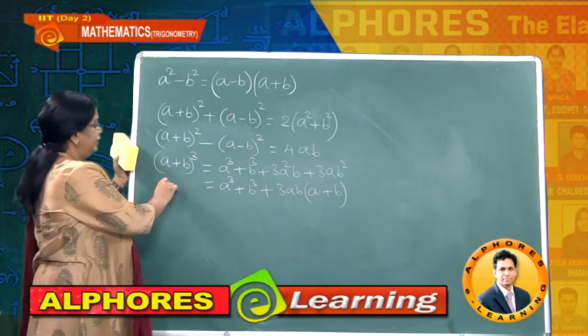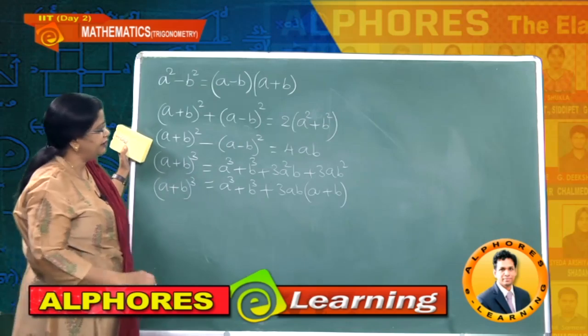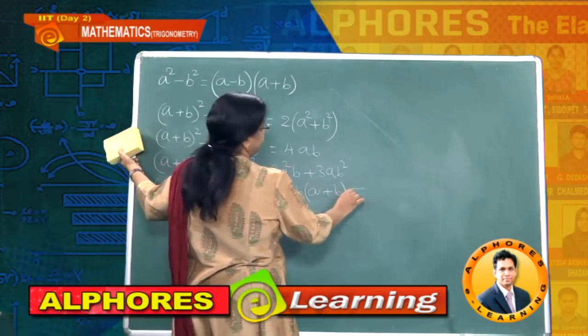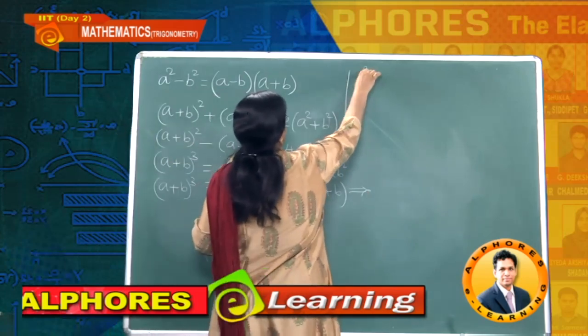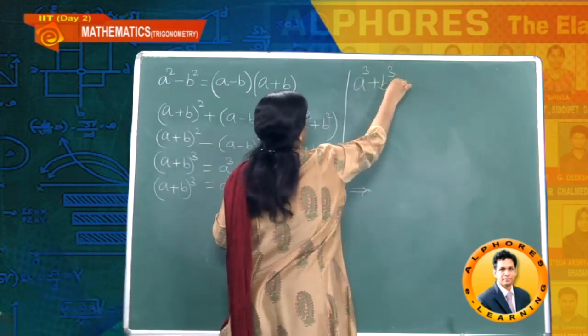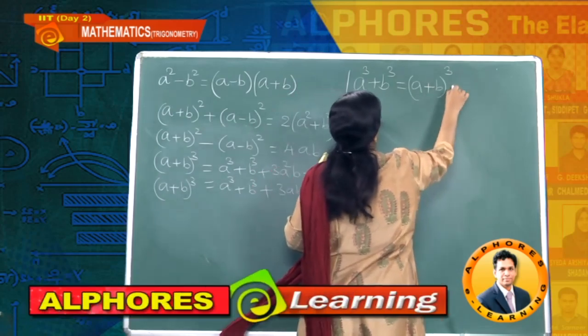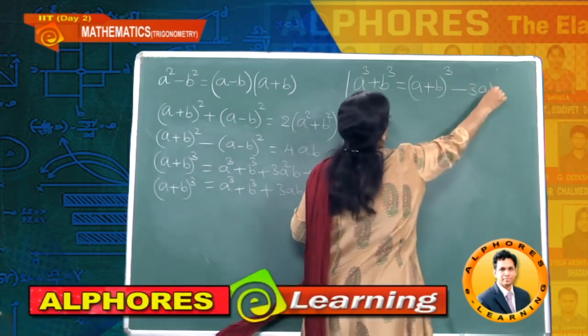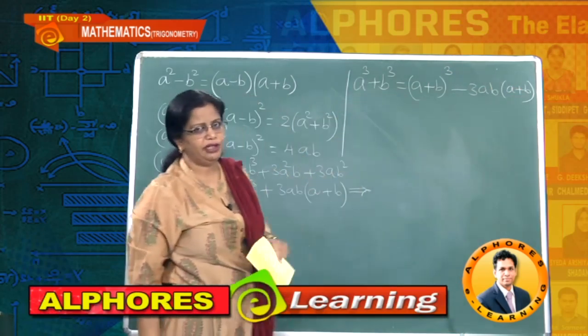Got the point? And this is (a plus b) whole cube. And from this formula I will write even a cube plus b cube equal to (a plus b) whole cube minus 3ab into (a plus b) also. So this one also you can make use of.